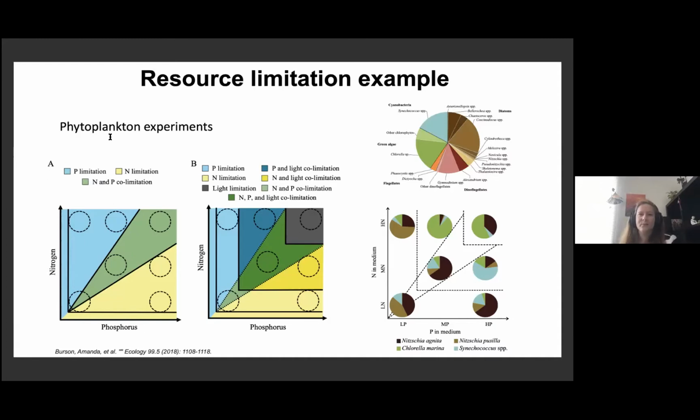And if you bring a set of typical phytoplankton species that reside in the ocean and realize different resource limitation in your lab, you will indeed see that under different resource limitation, different species will take over.